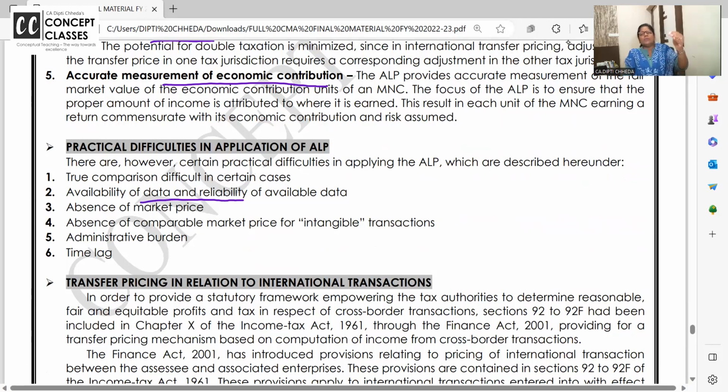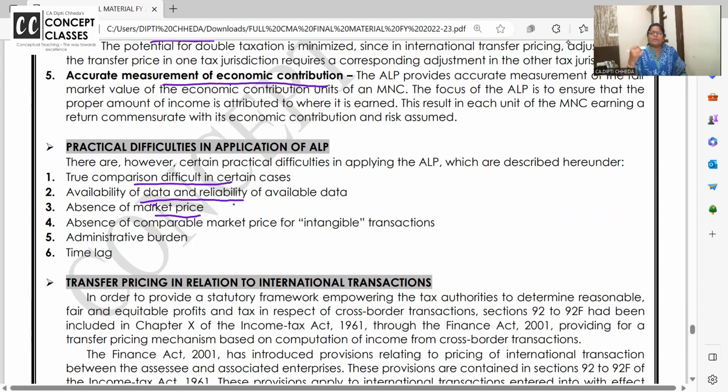When I am saying to my sister concern I have sold at 80, I should have the data that in the market I am selling at 130. Oh, 50 rupees undershown sales. So data should be available, it should be reliable, and true comparison is very difficult because every concern has different terms: somewhere there is a discount, somewhere CIF, somewhere FOB, somewhere warranty. So it is very difficult to compare.